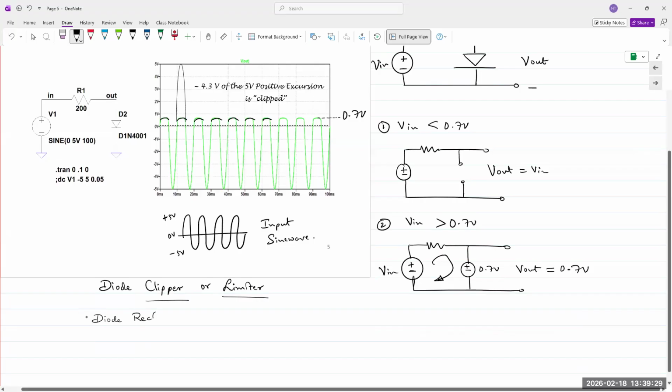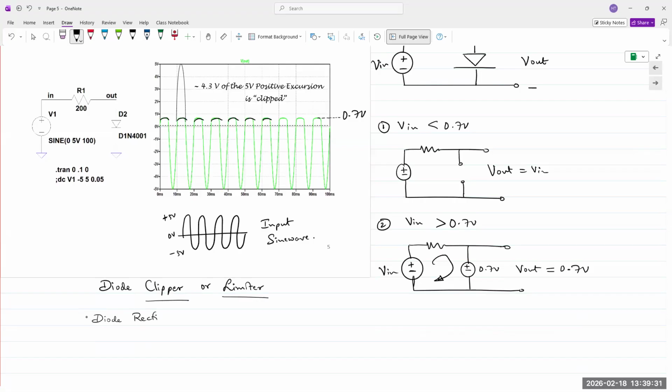So diode rectifier. No, not quite a bigger diode. So these circuits, as I said, we have a clipper, a limiter, or a rectifier. They are the same circuits.